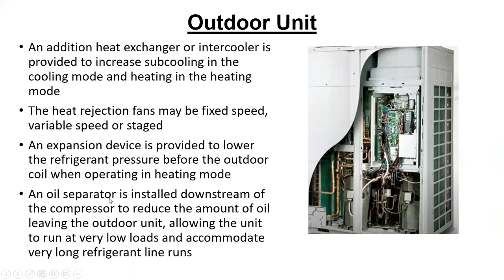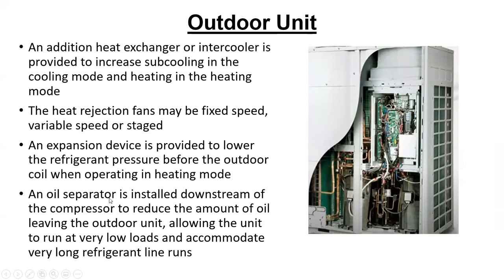So heat rejection fans may be fixed speed, variable speed, or staged. So it depends how much you want to spend. Your variable speed are going to be best. If you have 1 fixed speed fan, it's just going to click on and off, and you could have 4 or 5 fixed speed fans that run a different number as the capacity changes.